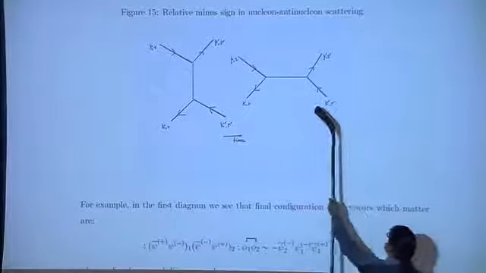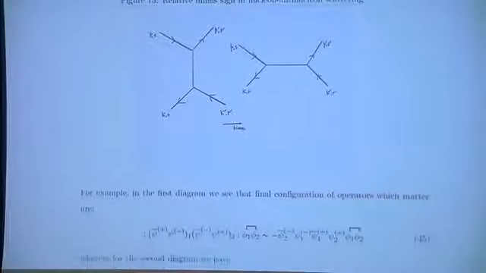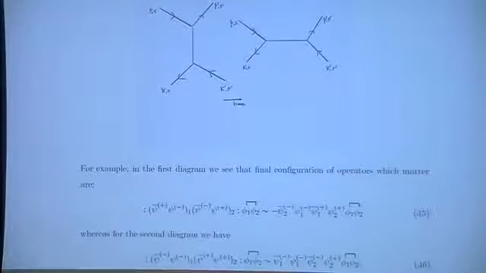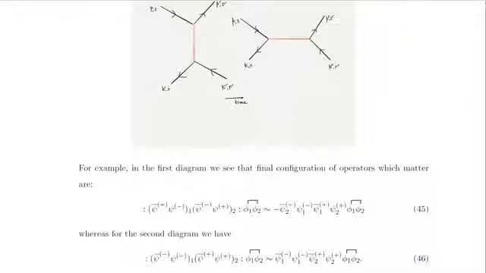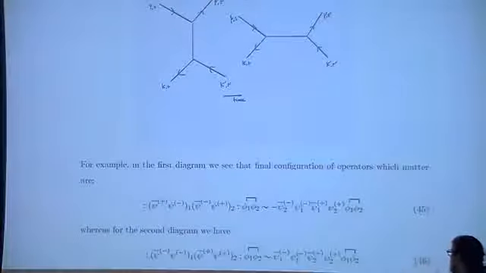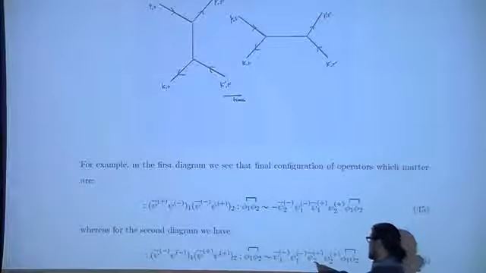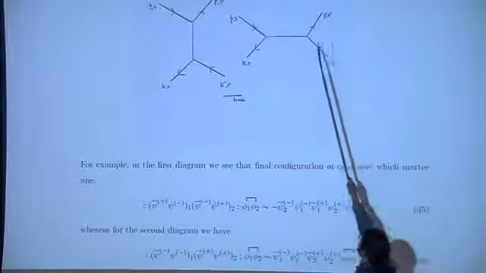If I now look at this second diagram, you see that the particle and antiparticle are absorbed in the same place, and that means the labels here both have to be the same, and the particle and antiparticle are going out from the same point.